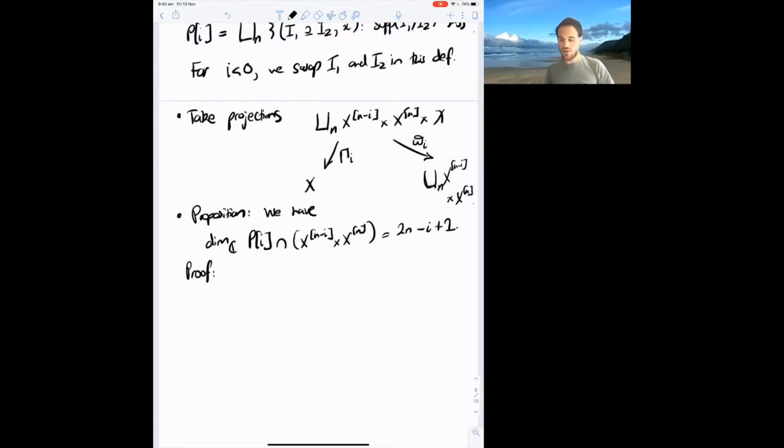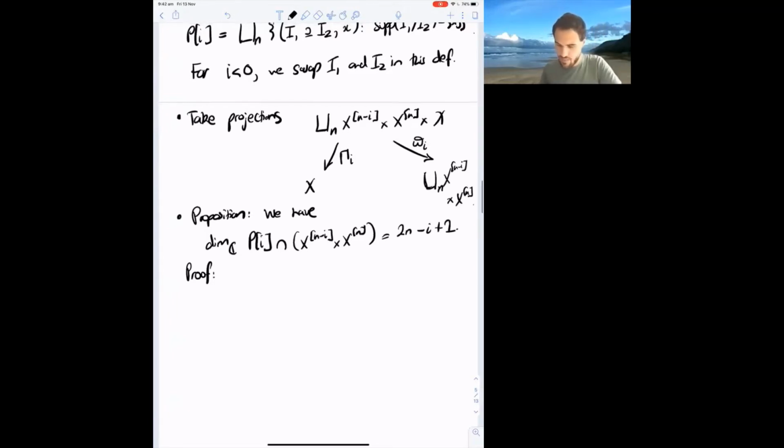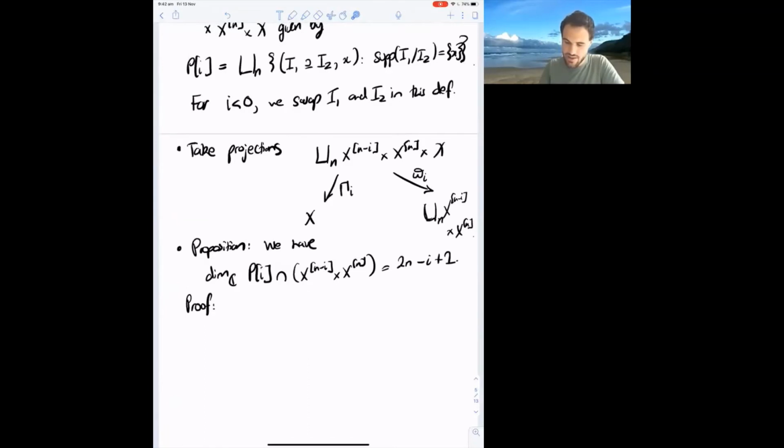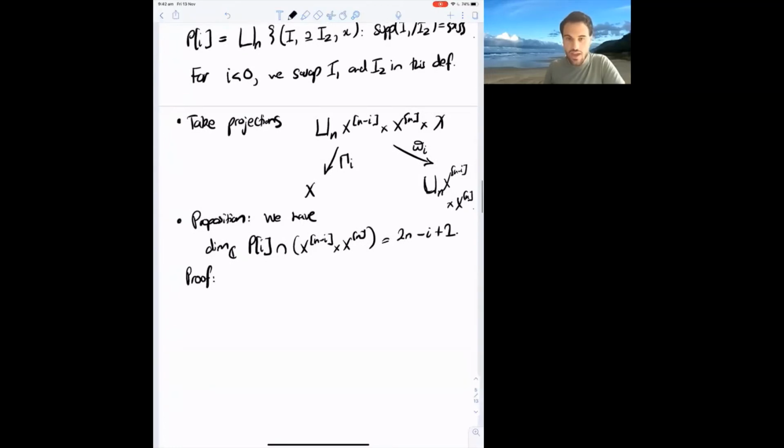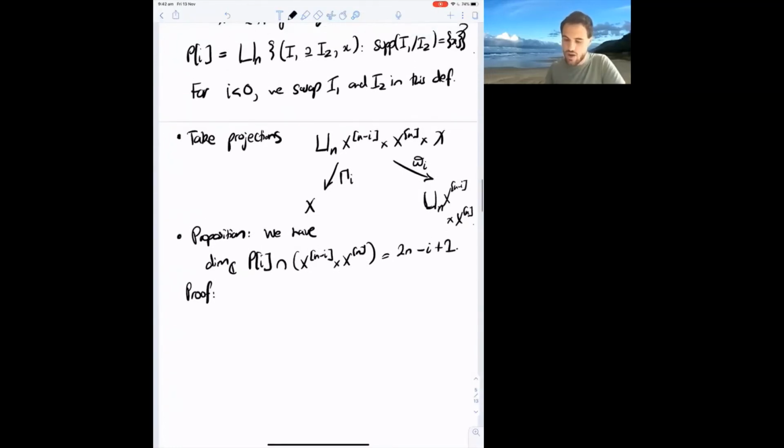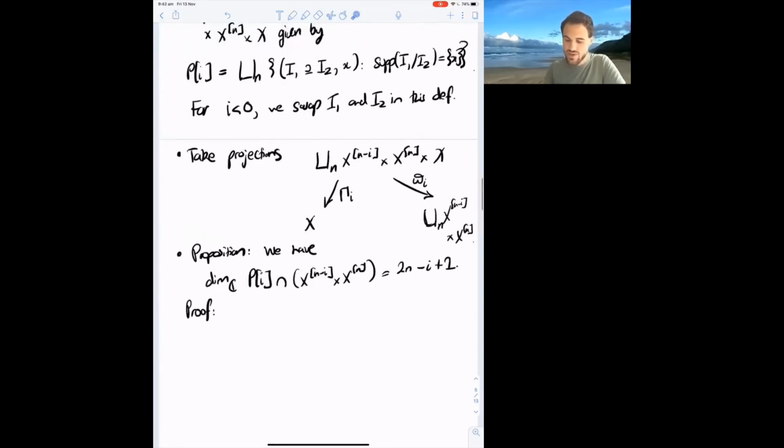Okay, so we're thinking about this part now. n is fixed in this expression here. And so how do we form a point in this intersection? Well, you have free choice of I1.